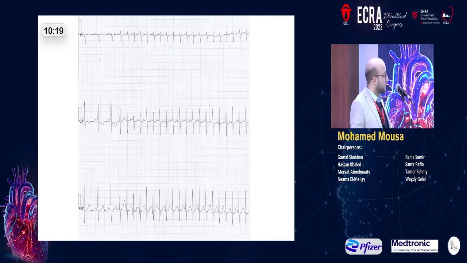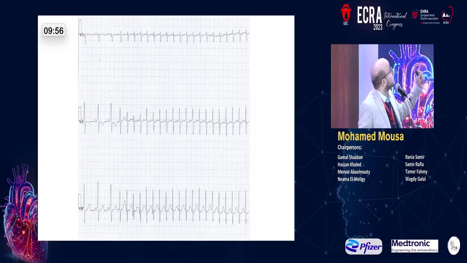It started by two pre-excited beats, and then there is a premature atrial beat on top of the T, conducting through the AV node; the accessory pathway is not active. Then maybe it went into AVRT, or I can see a P wave on top of the T. Maybe I'm wrong, but common is common.